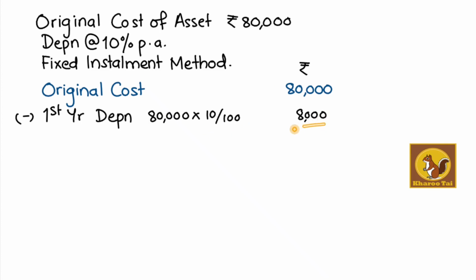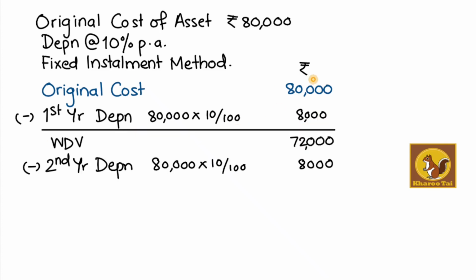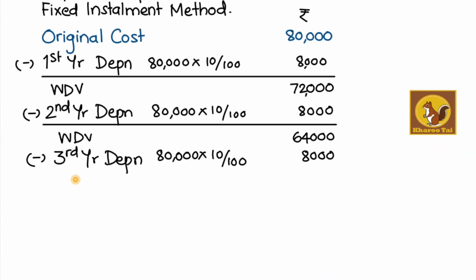The amount is 8,000. So the balance amount will be 72,000. In the second year, same calculation, again on the same original cost, 10%. So the amount remains the same. After deducting this, the next WDV, WDV means written down value, will be 64,000.